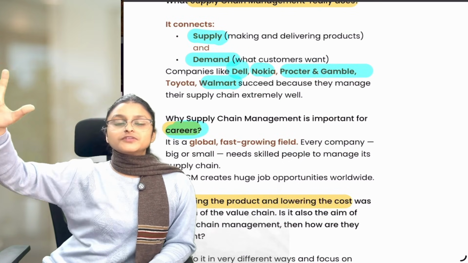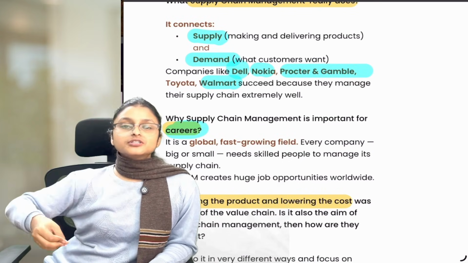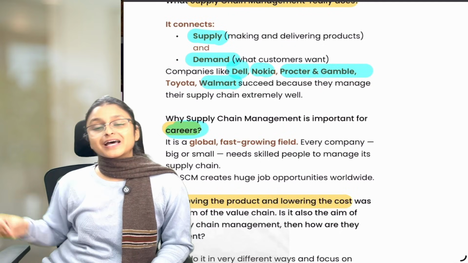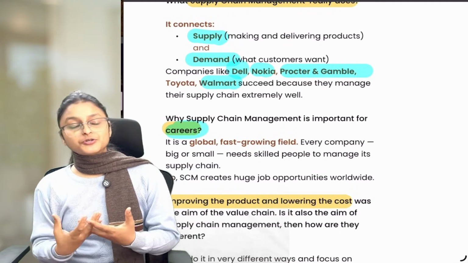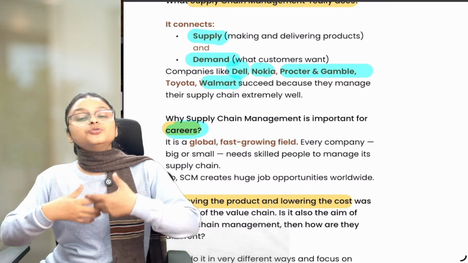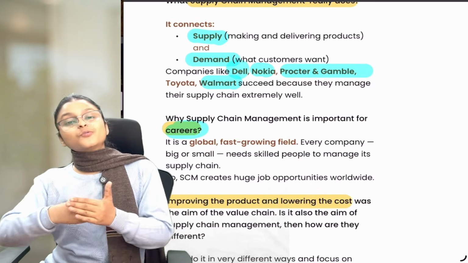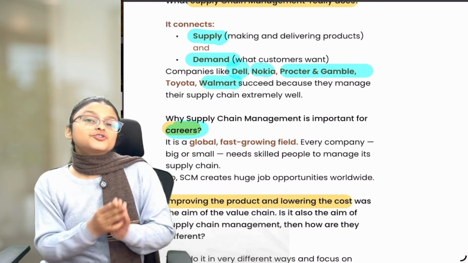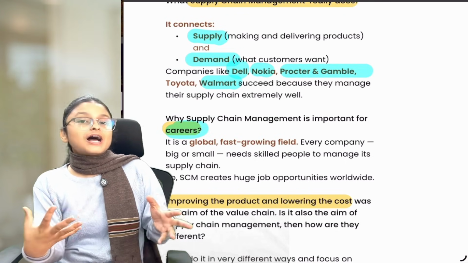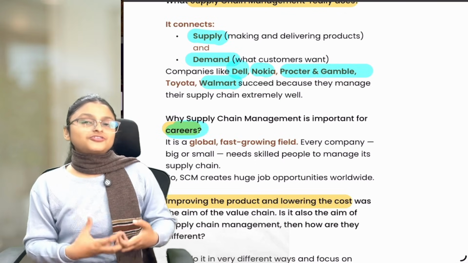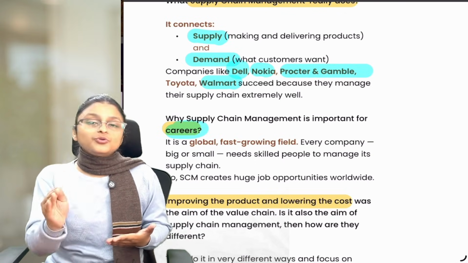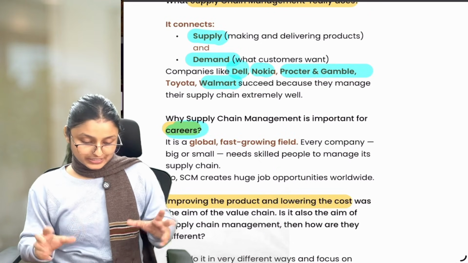There are a lot of opportunities for supply chain managers because that is the need of the organization. If supply chain is managed properly, they will be able to reduce cost, provide more value and do everything faster. And that is what organizations need. So if you are capable enough to manage their supply chain, then you are going to earn a lot of packages, and organizations want people like you who know supply chain management properly.